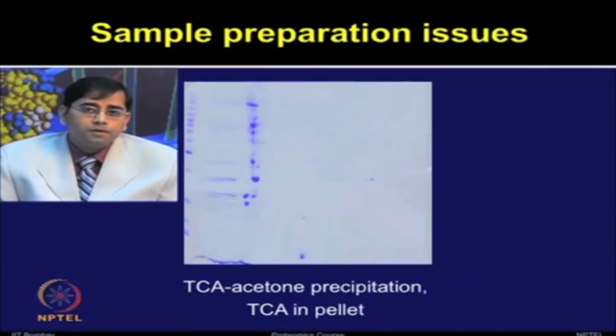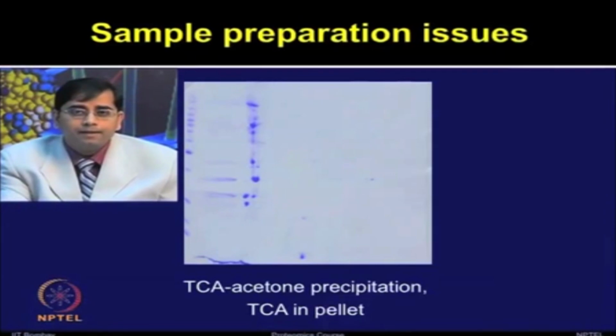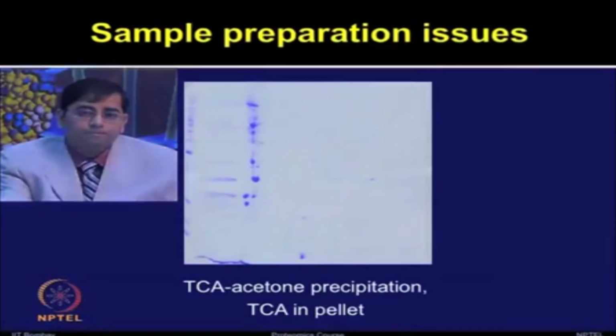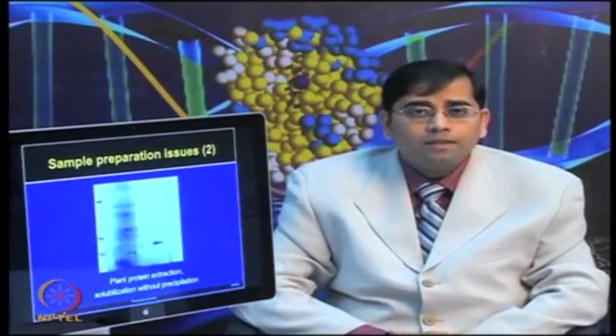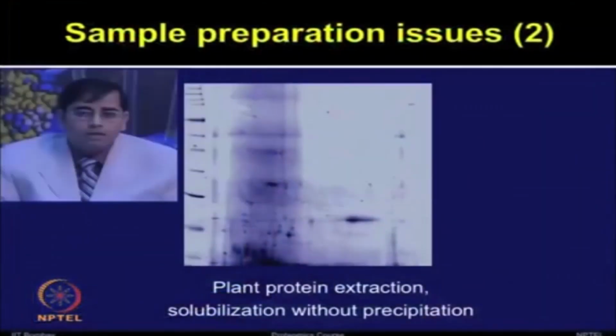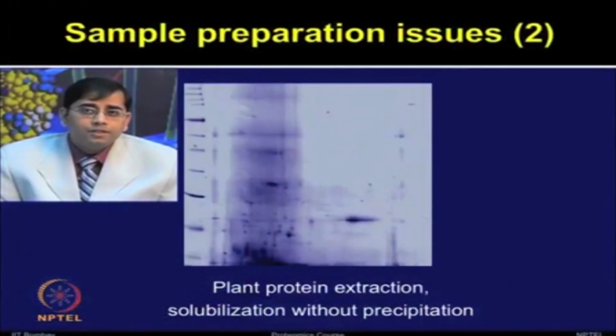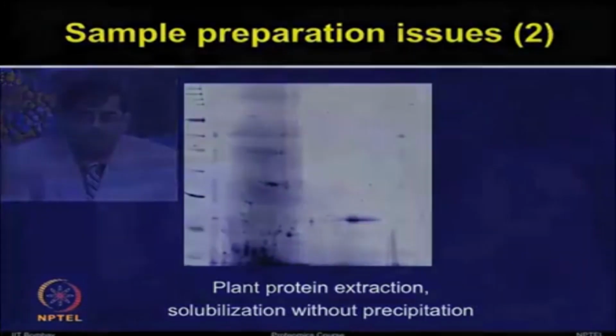So, TCA still remained in the pellet and one can obtain the pattern shown in this gel. Now, if you are performing plant protein extraction, but the solubilization is not sufficient, without precipitation, one can see this type of streaking and uneven gel pattern.